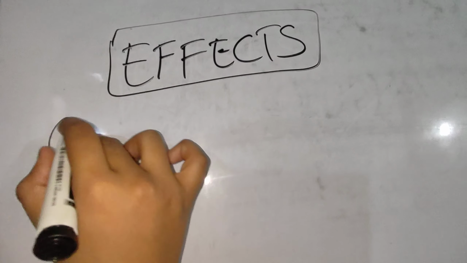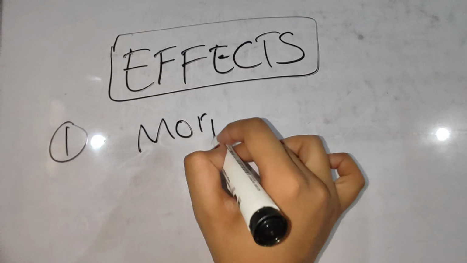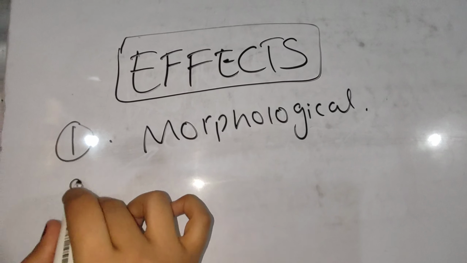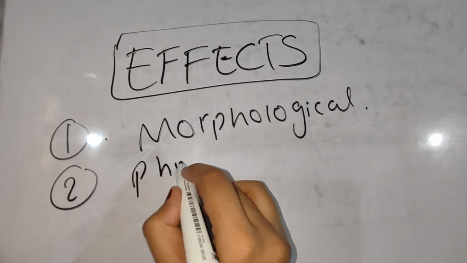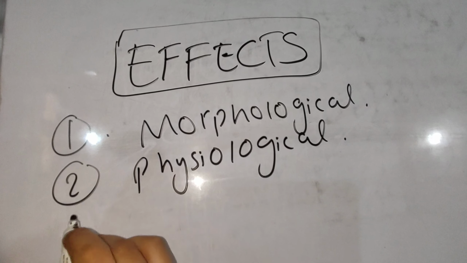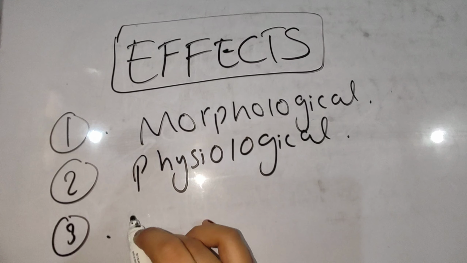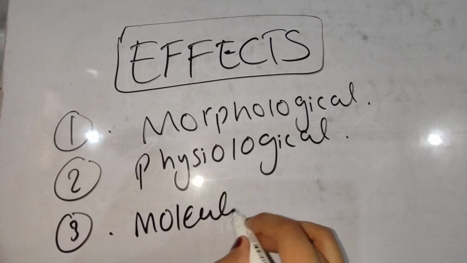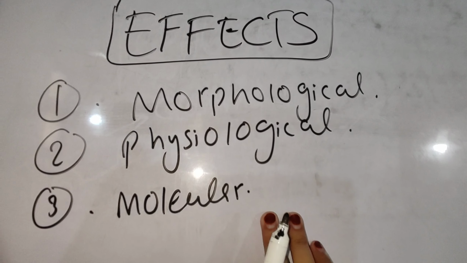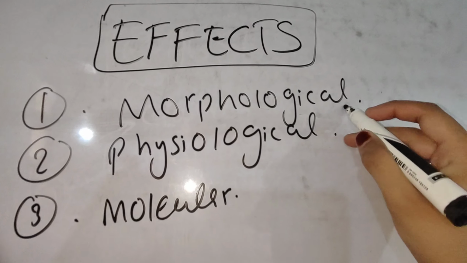The first one is morphological. Second one is physiological. And the third one is molecular. So you can memorize these three terms by just one word.